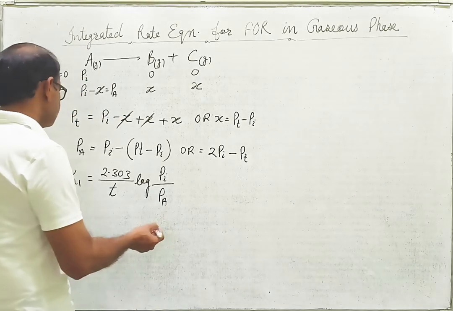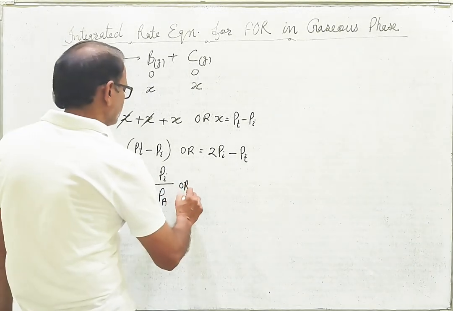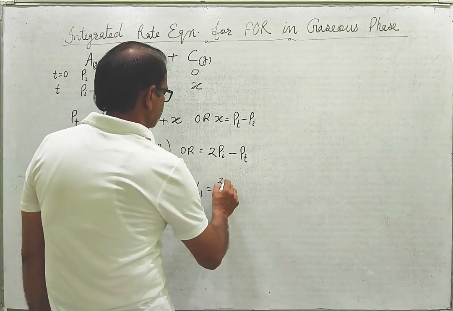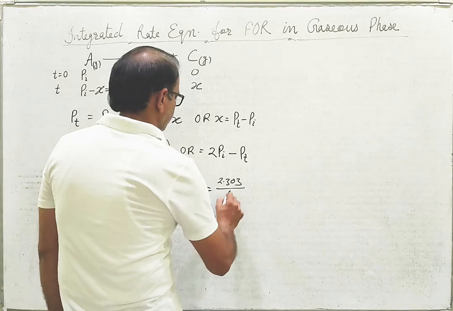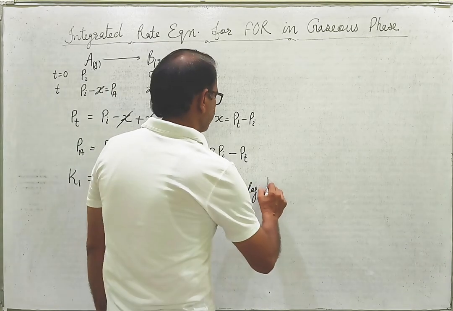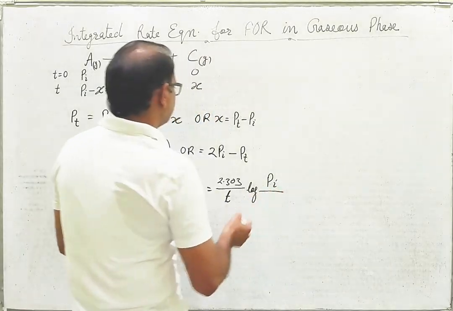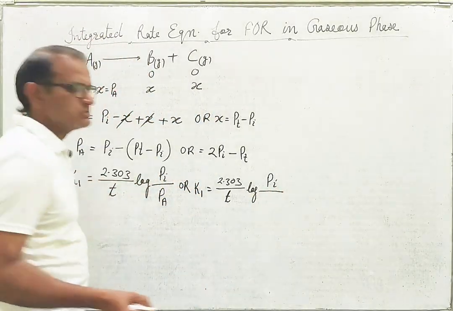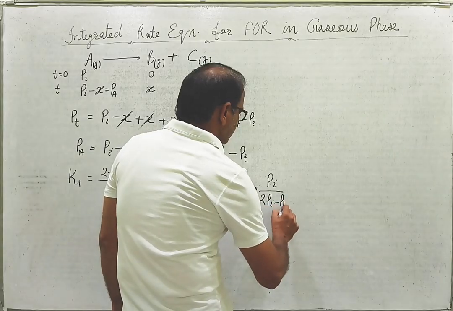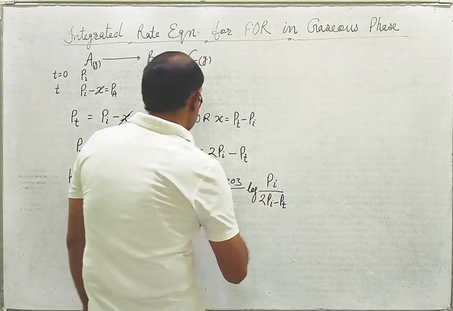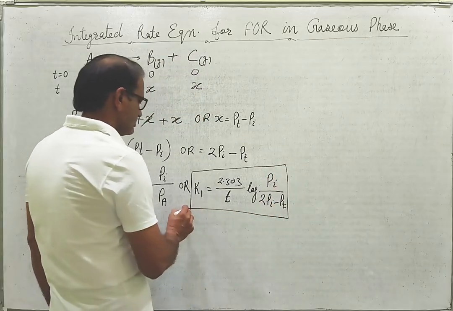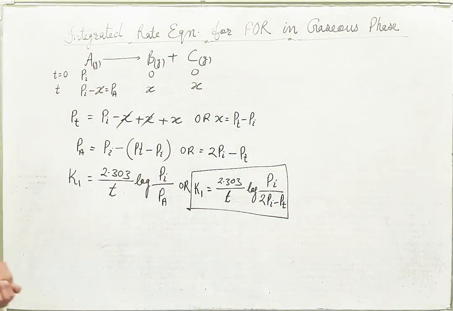So we can put K1 equal to 2.303 upon t log Pi, and instead of PA what we can put now? 2Pi minus Pt. So this is the integrated rate equation for first order reaction in gaseous phase.